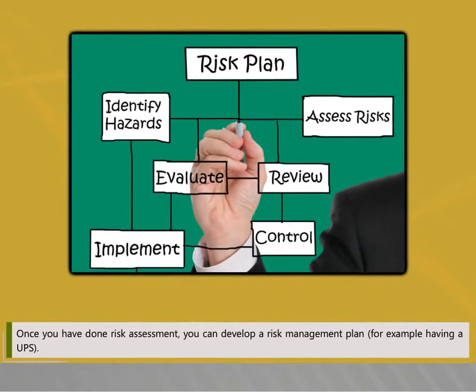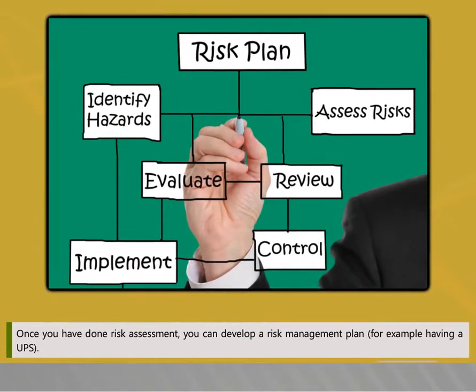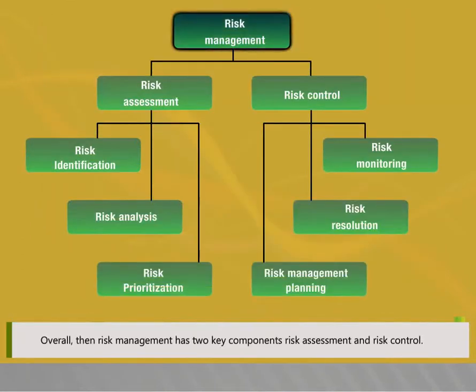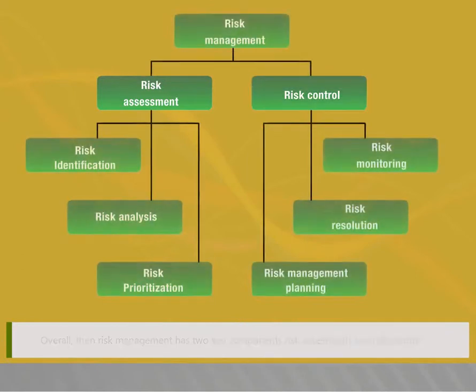Once you have done risk assessment, you can develop a risk management plan, for example, having a UPS. Overall, then, risk management has two key components: risk assessment and risk control.